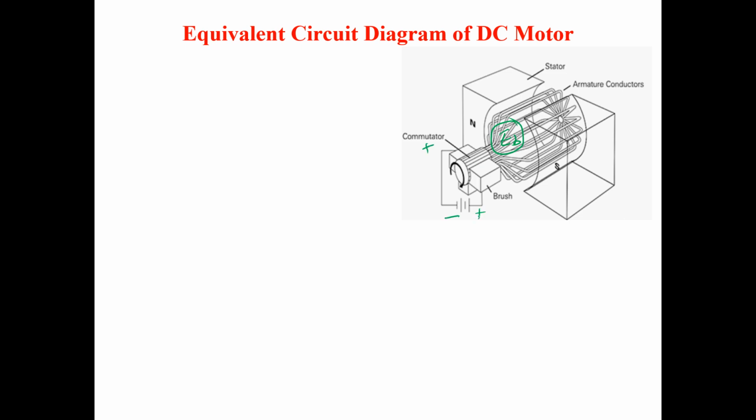The commutator converts this DC supply into AC, and that current flows in the armature winding, which is capable of developing this back EMF.